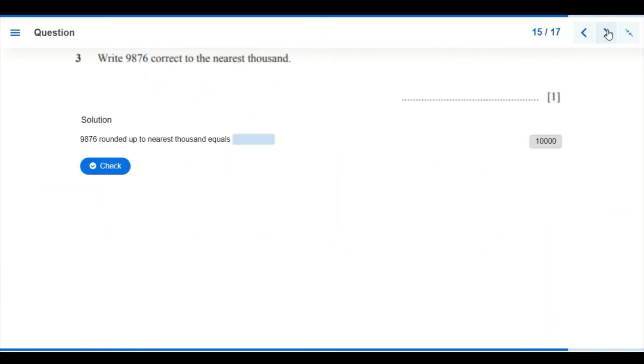We have to round this up. We have 9,876. Let's round this up to the nearest 1,000. So by the time you round this up, this will give 1. Add 1 to 7, that's 8. Round 8 up, it gives 1. Add it to this, that is what? 9.